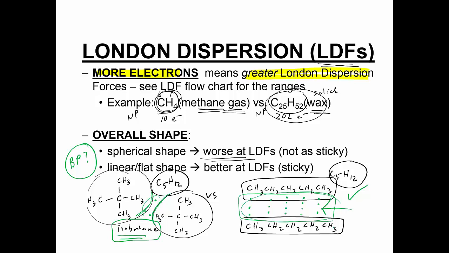Versus this one takes very little heat to separate those. So this one's going to have a much lower boiling point than this one. They're both relatively low, but this one you'll see is much lower, the isobutane.